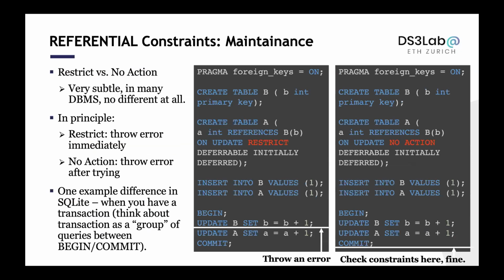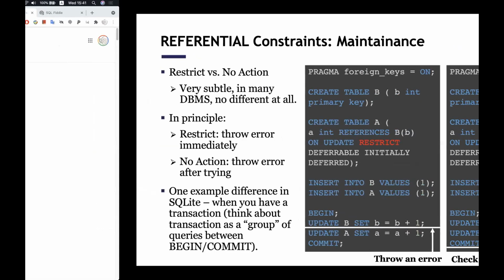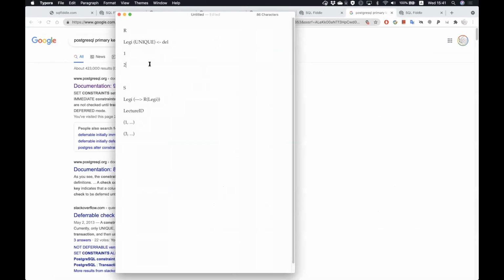We have the Legi numbers 1 to 10 in one relation, and then another relation which links lectures and Legi, similar to this one. And in S, we only have, for example, 1 and 3. So if we delete the Legi number 10 from R, is that allowed with restrict? Yes, that's allowed.